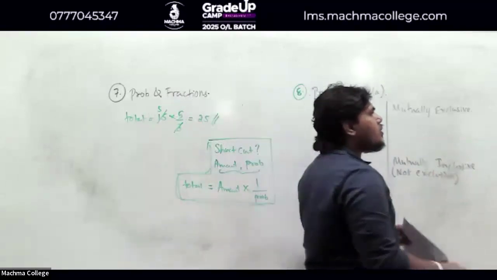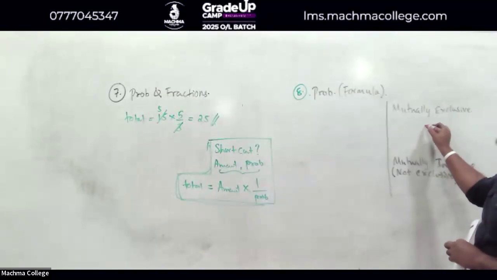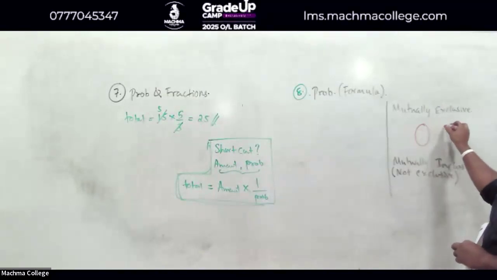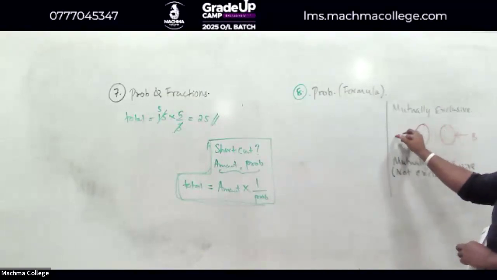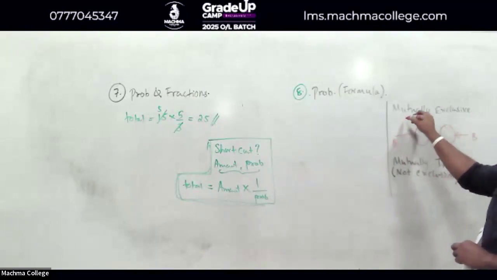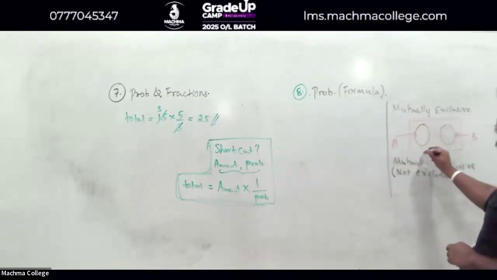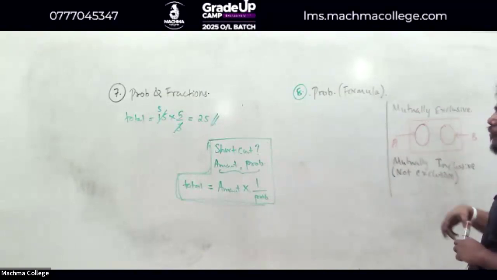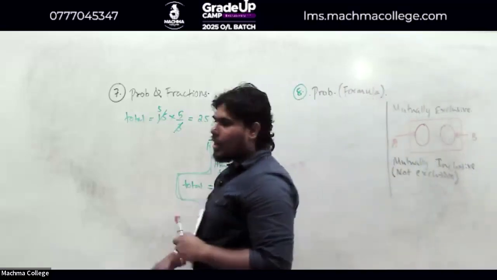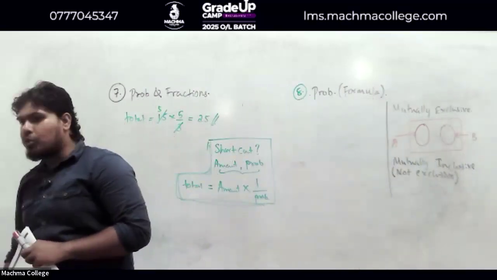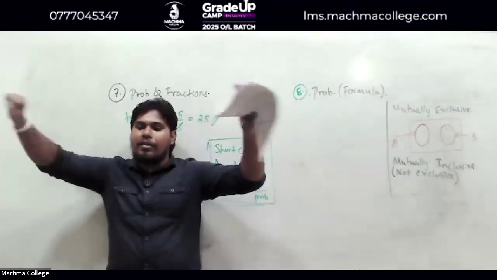So mutually exclusive can mean, let's say there are two sets, capital A and capital B, in the same Venn diagram. If those two sets are separate, they are mutually exclusive.